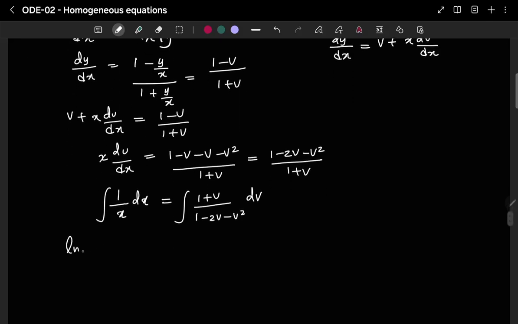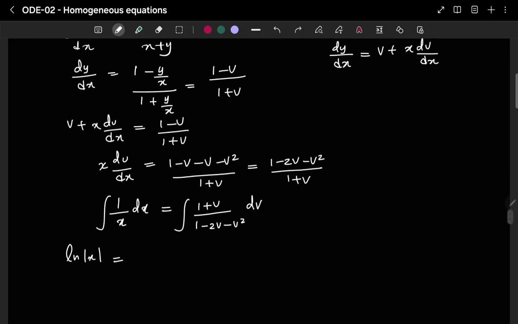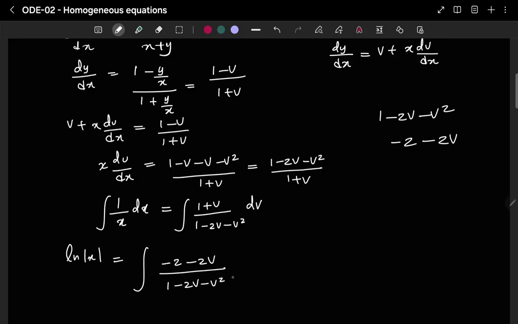Here we get ln x. The differentiation of 1 minus 2v minus v squared is minus 2 minus 2v. So how about making that in the numerator and keeping the denominator as it is?